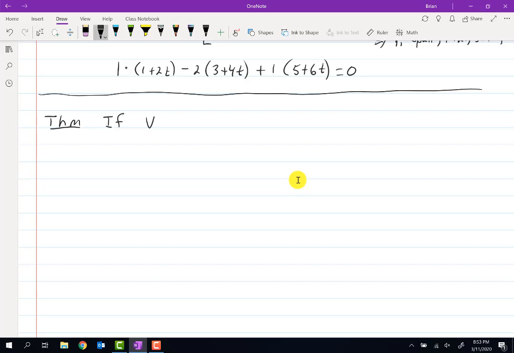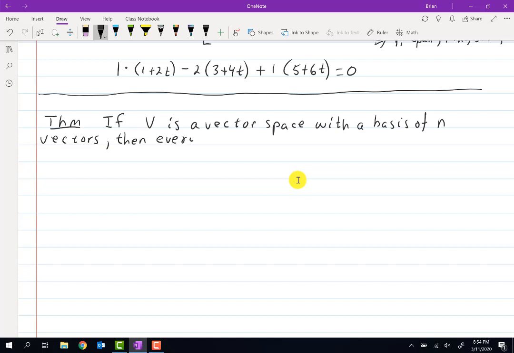If V is a vector space with a basis of n vectors, then every basis for V has exactly n vectors.